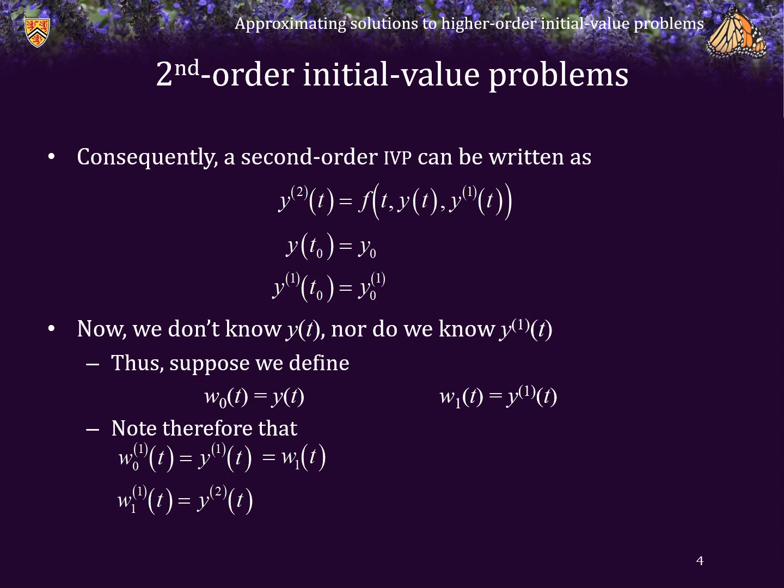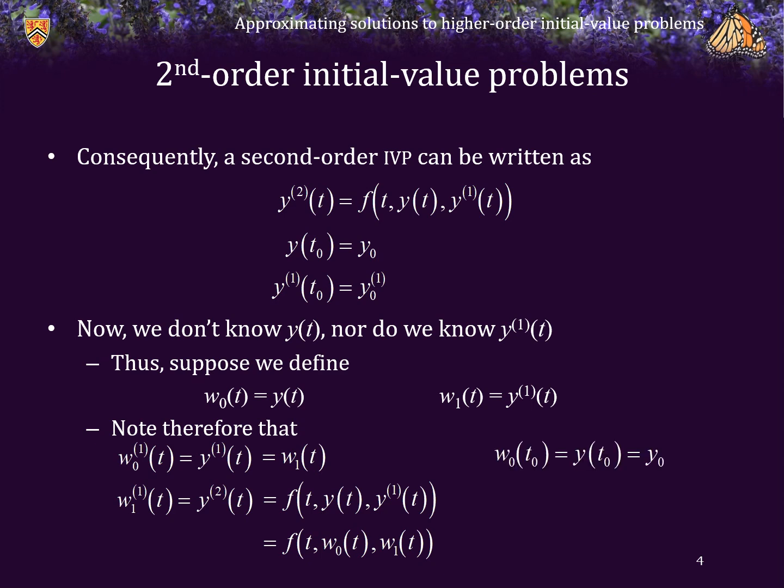Well, going back to the ODE, the second derivative of y is the function on the right-hand side of that equation. But wait a second, y of t was w0, and the derivative of y of t was w1. So now we have that the derivative of w1 is a function of t, w0, and w1. Not only that, w0 at time t0 is just y at t0, which is the initial position.